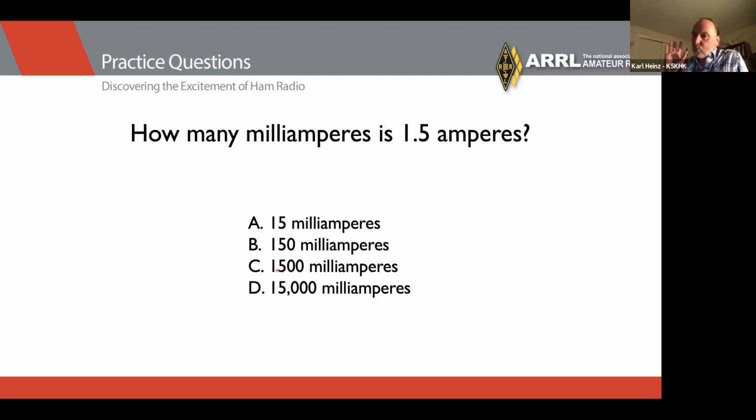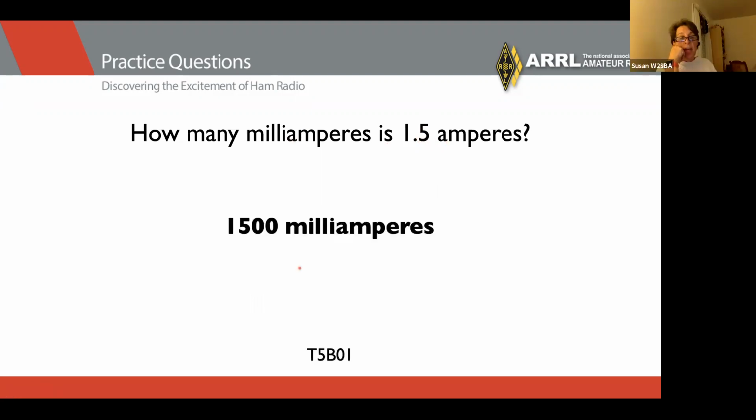So again, there is 1,000 millis in whatever one unit we have. So you can also just say 1.5 times 1,000 when we want to go to milliamps. Gives me 1,500.